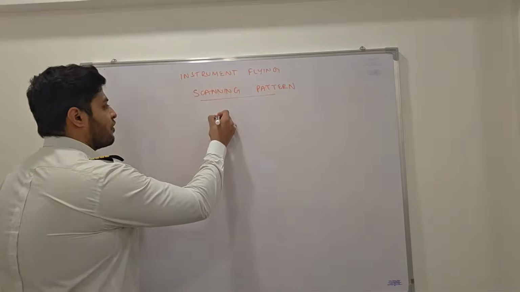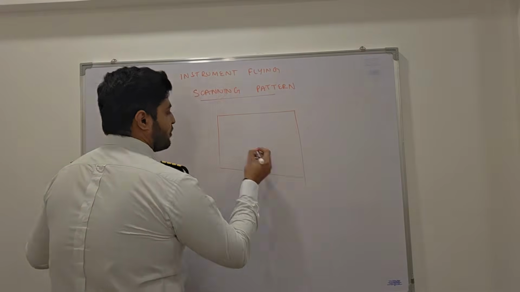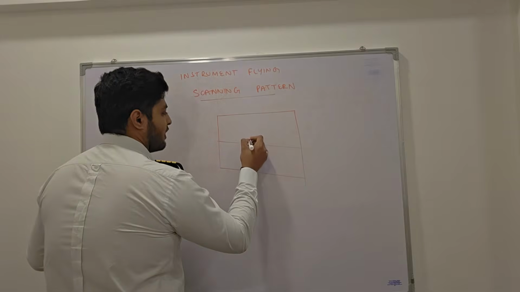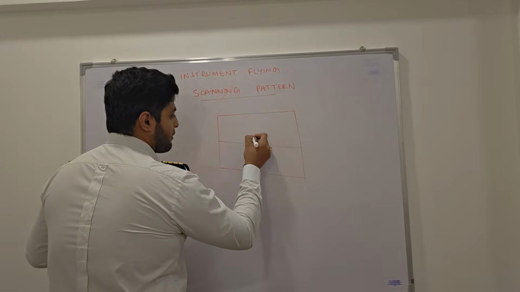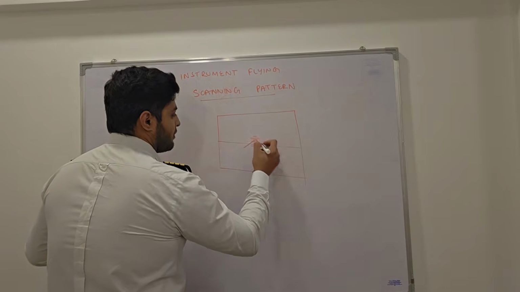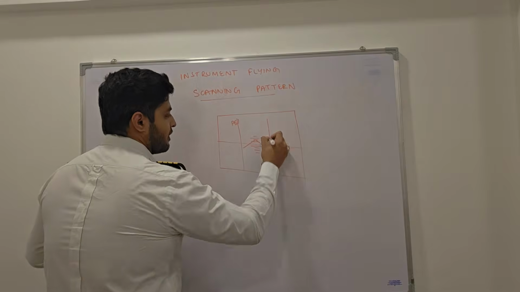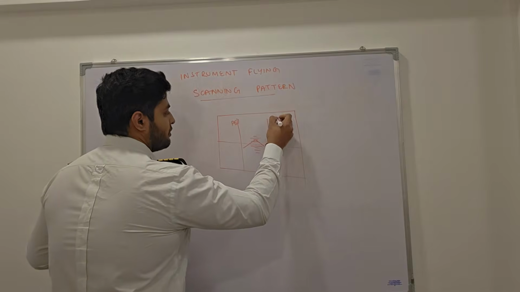For example, if I draw a cockpit, considering a glass cockpit, this is the artificial horizon. Here is the airspeed indicator. Here is the altimeter.